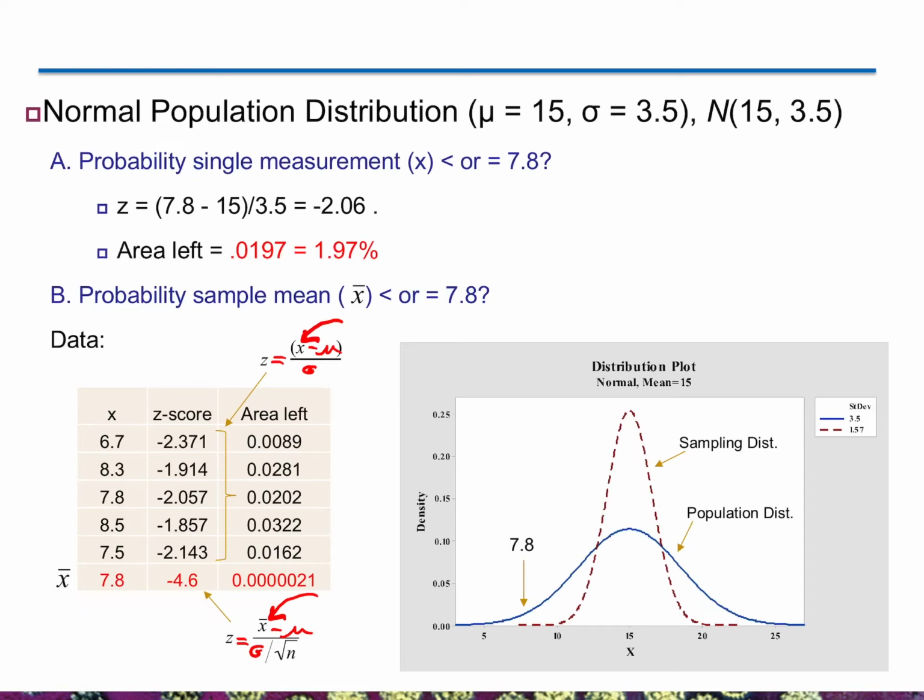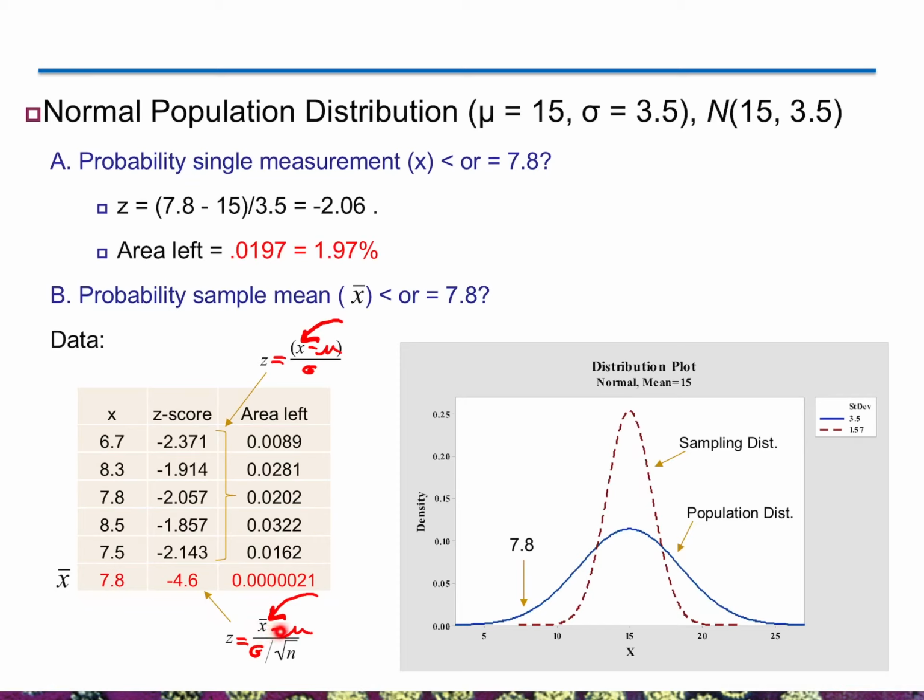Key point here: notice that's a sample mean, whereas this is an individual value. If you're dealing with individual measurements, you're dealing with a population distribution for the z-score. If you're dealing with means, you're dealing with the sampling distribution for the z-score. So we correct the population standard deviation by dividing it by the square root of the sample size.